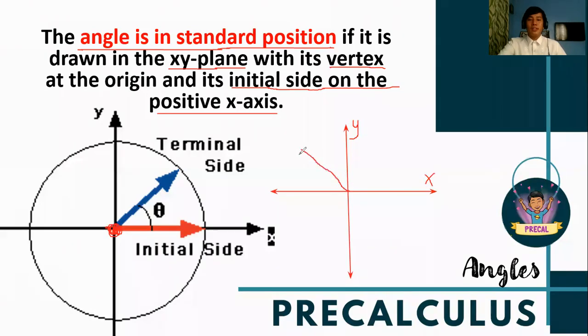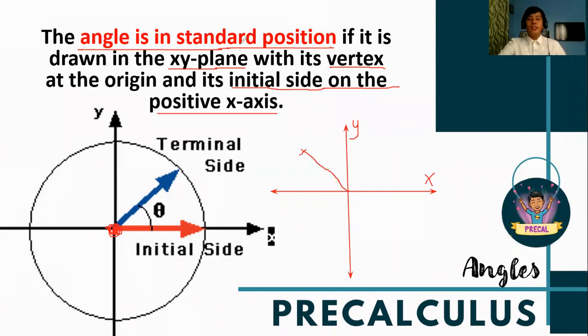If the angle is formed here and this one, or let me use another color, this is not an angle in standard position. Again, this is not an angle in standard position. Why? Because the initial side is not the positive x-axis.